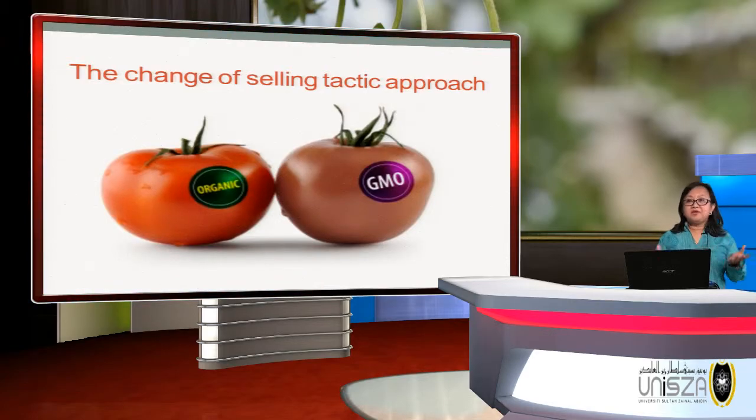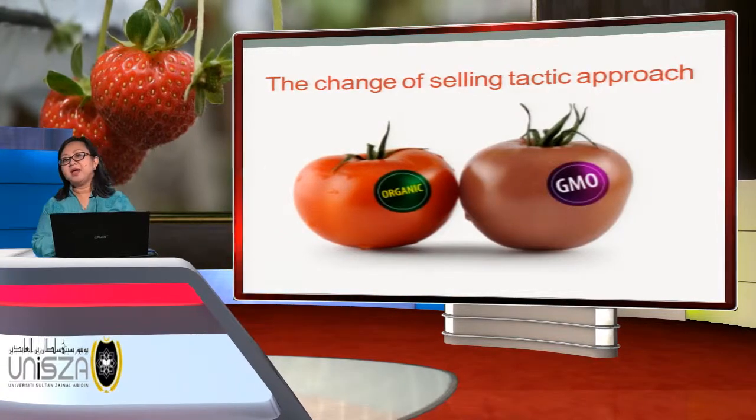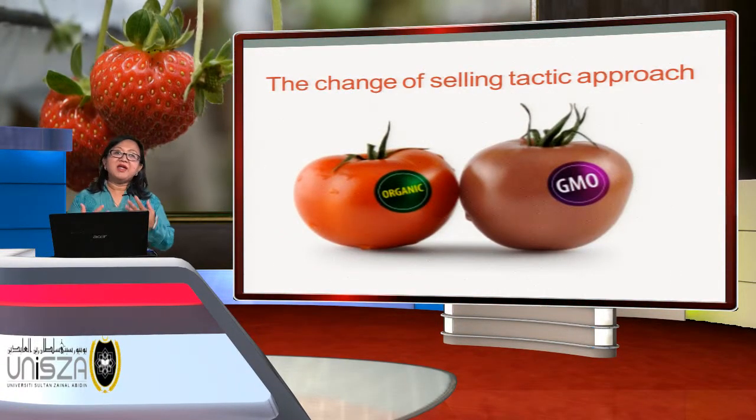Let me give you another example of selling benefits from an agriculture product rather than just selling the product's features. If we look at this photo that is shown right now, it shows two types of tomato. One is organic tomato and one is GMO tomato.